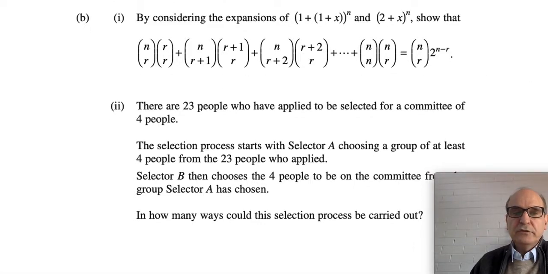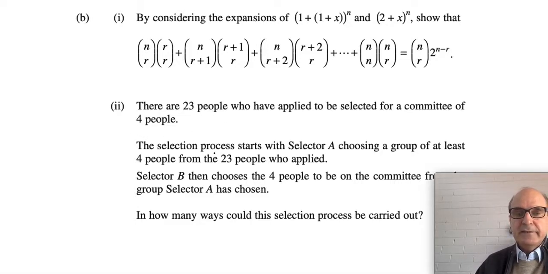Alright, so we've got 23 people. Selector A, at the start, can choose 4 people, and then selector B has to choose all 4 because we need 4 people. In the next one, selector A can choose 5 people, and out of those 5 people, selector B can choose 4 people.